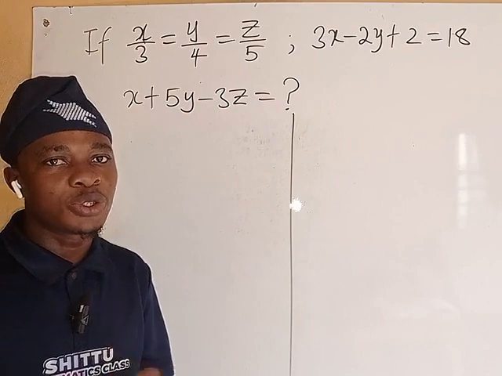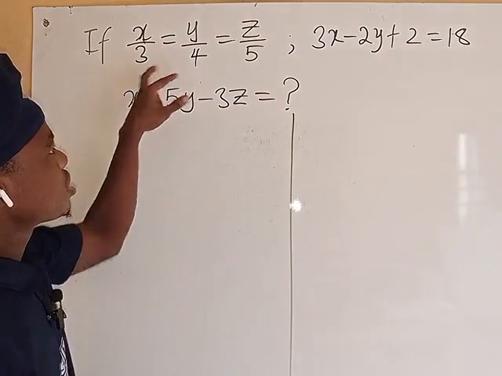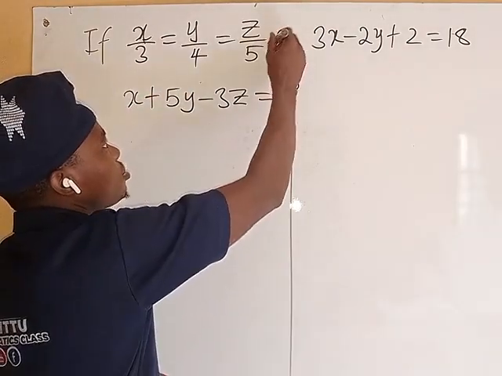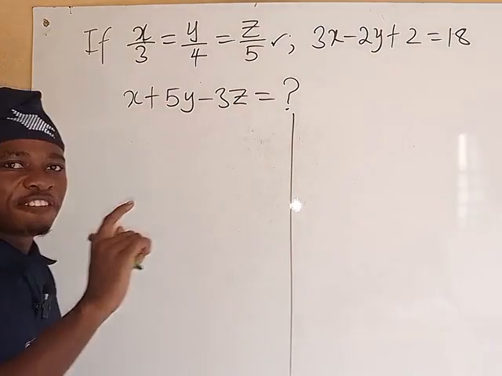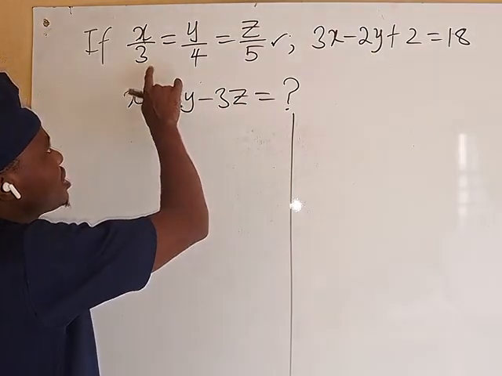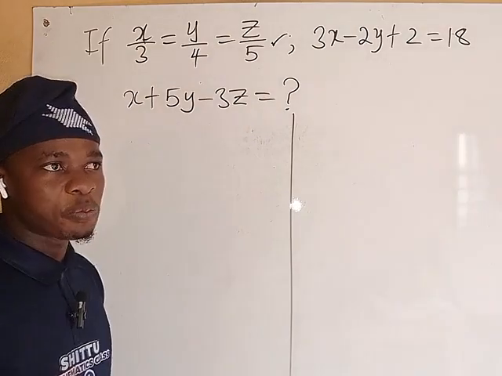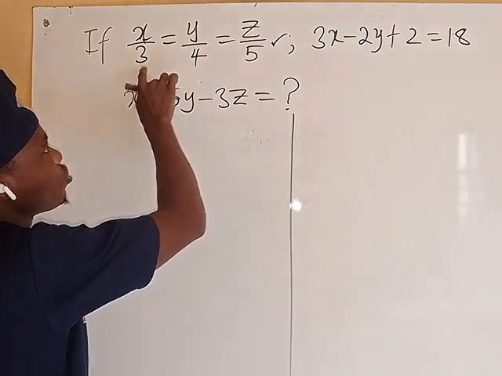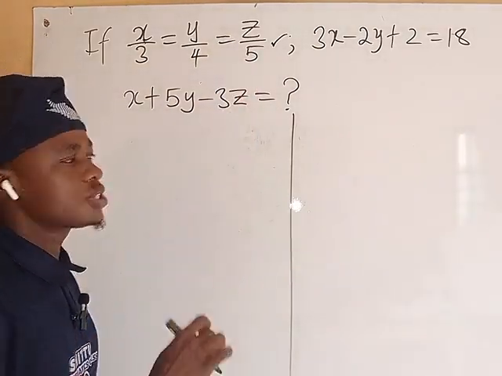Now let's see how we are going to do it. Let me start from here. Since these are the same, let me equate everything to a constant.